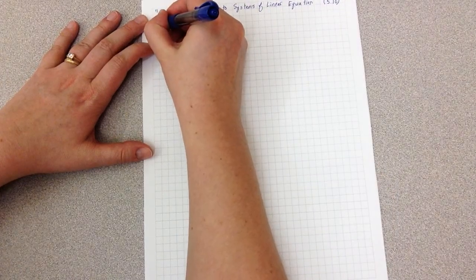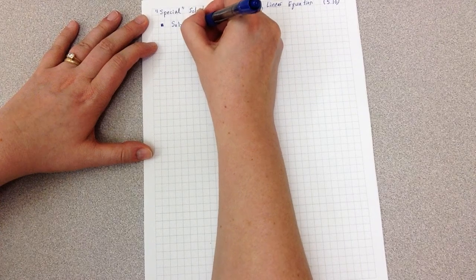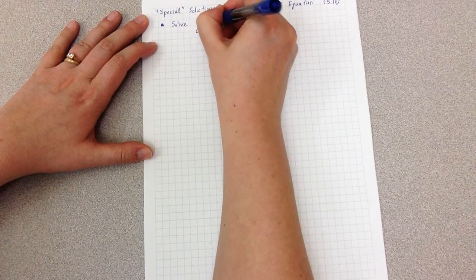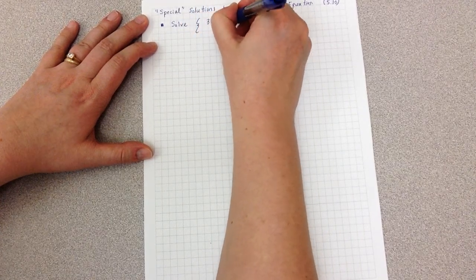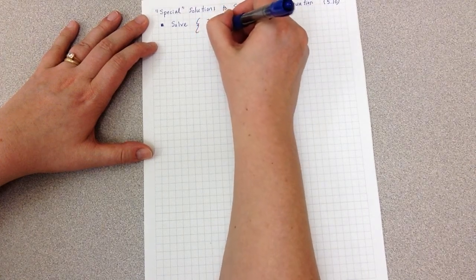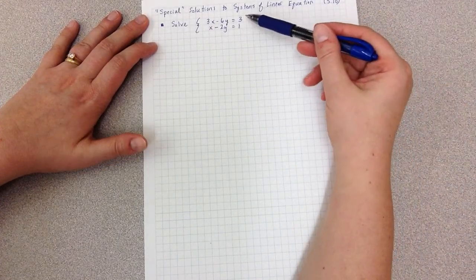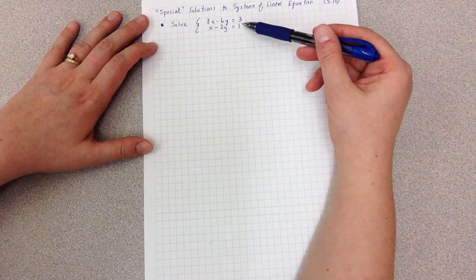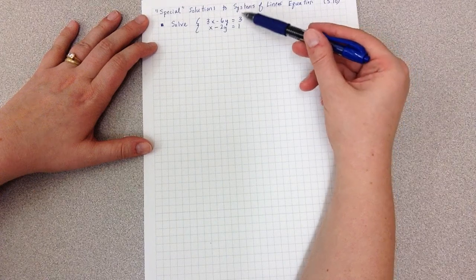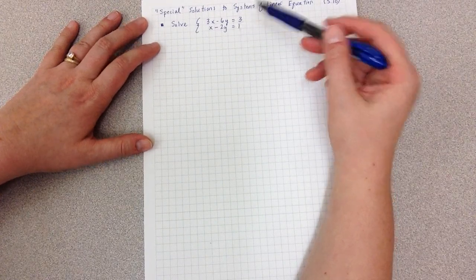The first example is solve 3x minus 6y equals 3 and x minus 2y equals 1. So these are set up in such a way that I would really prefer to use the elimination method.